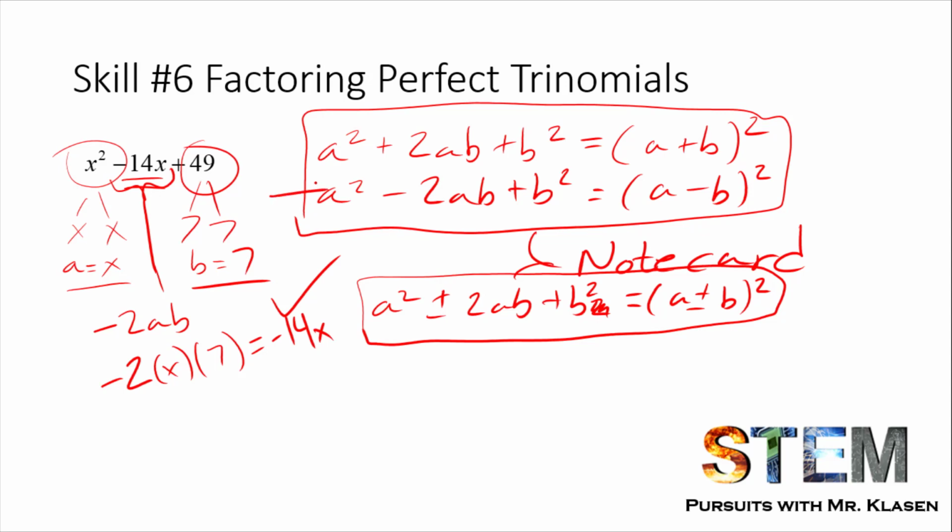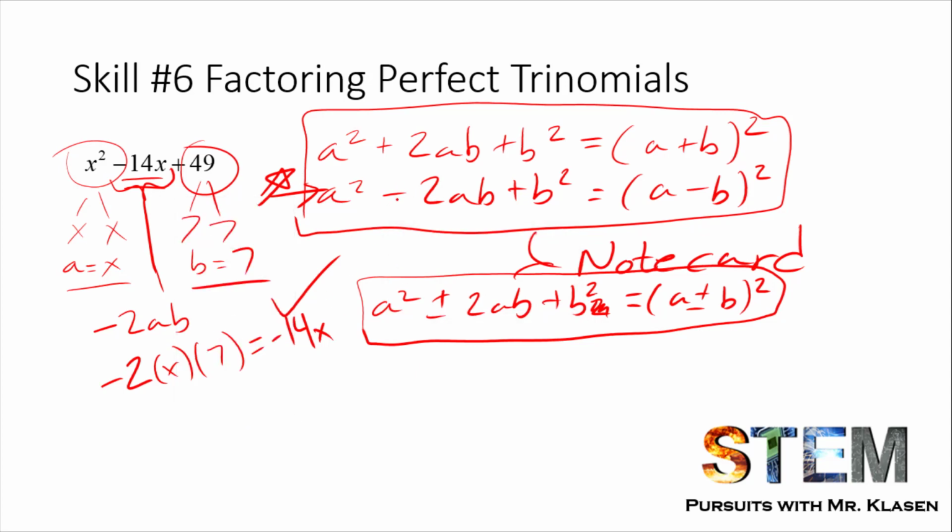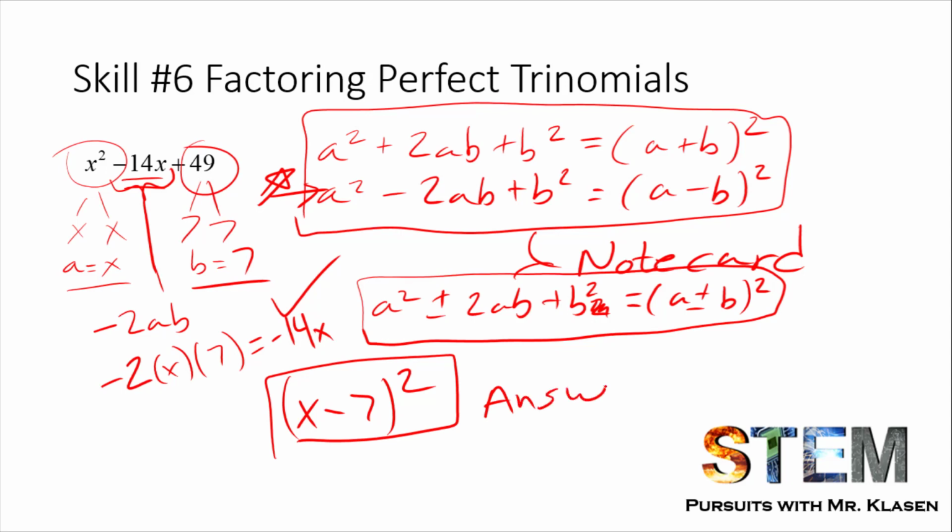So specifically, we're going to use this one, and we're going to just plug in and say x. And then we can just plug this in and go x minus 7 squared. And that is your answer. You are done. This thing is totally slayed.